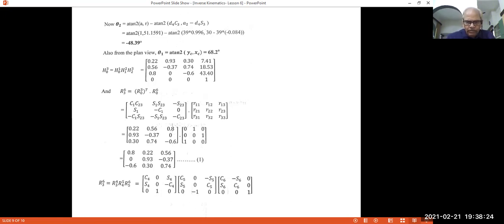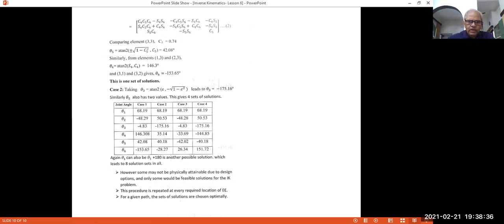So cos theta 5 is so much. So sin theta 5 will be plus or minus root of 1 minus 0.74 square. So you got sin and cos. So atan2 of sin part and cos part will give you theta 5. If theta 5 is known, of course, there are two values, plus or minus in the atan2.